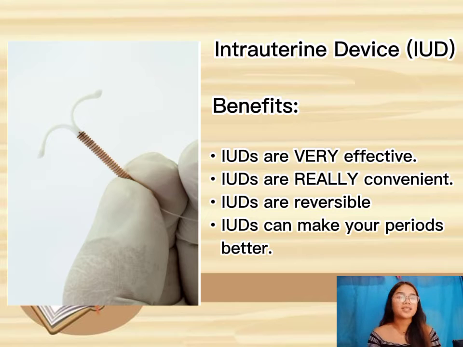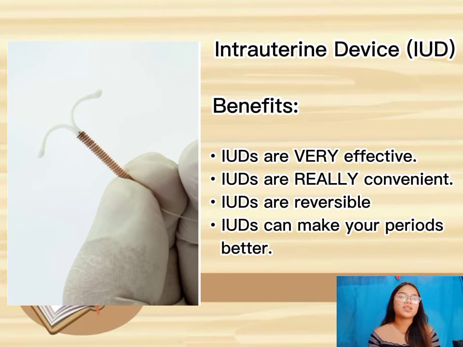Second, IUDs are really convenient. Once your IUD is in, you barely have to think about it. It works until it expires or you have it taken out. Plus, you are protected against pregnancy for 3 to 12 years, depending on what kind you get.